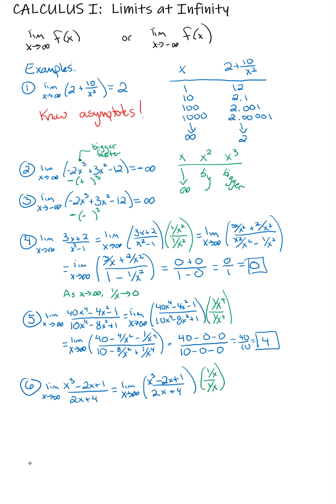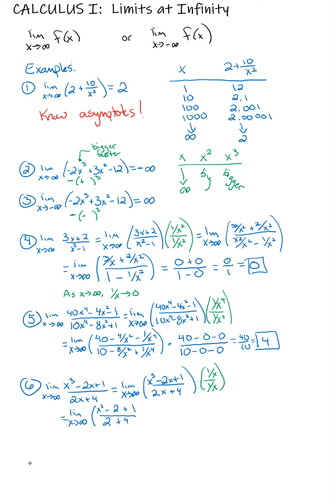Now again, distribute this out and combine like terms, then reduce. If you need to do that in 2 steps, feel free. I'll go ahead and do it in 1 step. I haven't taken the limit, so I need to write that limit notation. Very, very important. So we end up with x squared minus 2 plus 1 over 2 plus 4.